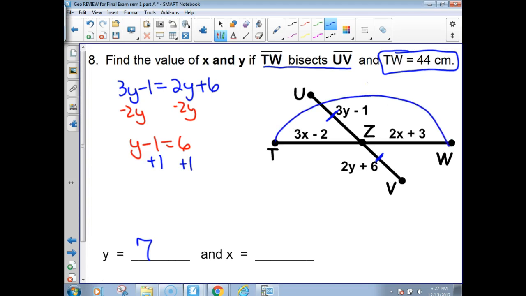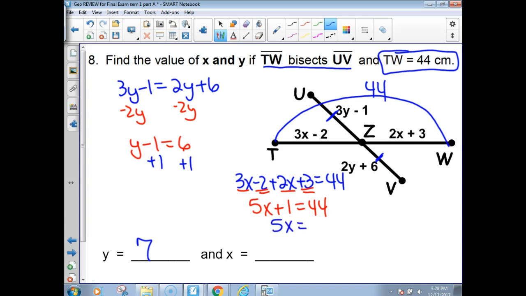That's from here to here, which means you're going to add the segments. 3x minus 2 plus 2x plus 3 equals 44. Combine your like terms: 5x, negative 2 plus 3 is plus 1, equals 44. Did I copy everything down? Because we're going to get a funny answer, aren't we? Subtract 1. I think someone was thinking add 1, and they would have had x is 9. But this is going to be just a decimal. When we do 43 divided by 5, we get 8.6, right?